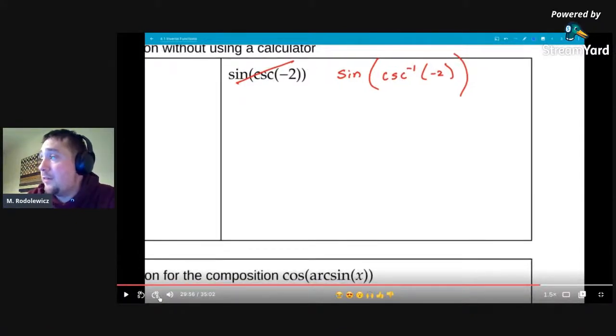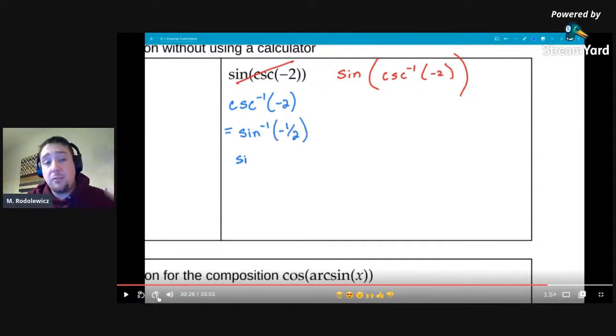So we'll start on our inside function, which is the inverse cosecant. A few steps to do here. First I'm going to rewrite it as inverse sine, but I will then need to reciprocate the inside. So inverse cosecant becomes inverse sine, reciprocate the inside. And now inverse sine means I need to figure out an angle of rotation between negative pi over 2 and pi over 2 whose sine is negative 1/2.